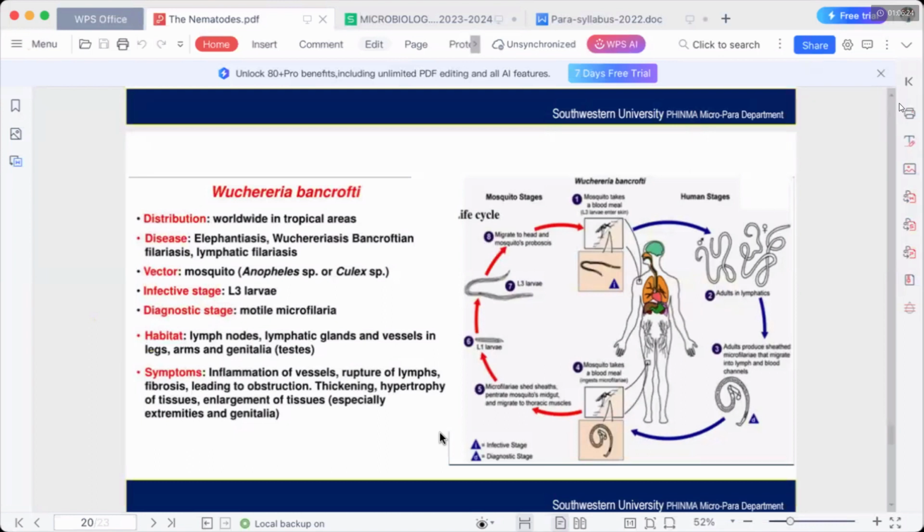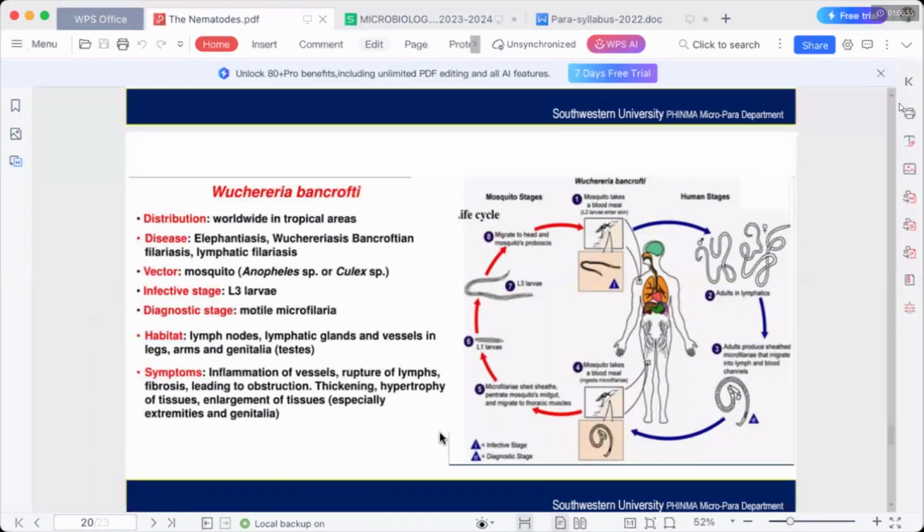The disease is elephantiasis, or Bancroftian filariasis, your lymphatic filariasis. The vector is your mosquito, specifically your Anopheles mosquito, or sometimes your Culex mosquito. The infective stage is your larvae, and your diagnostic stage is your microfilaria.